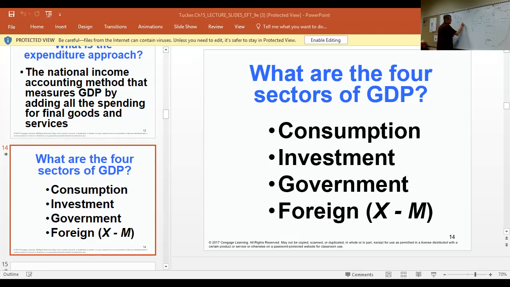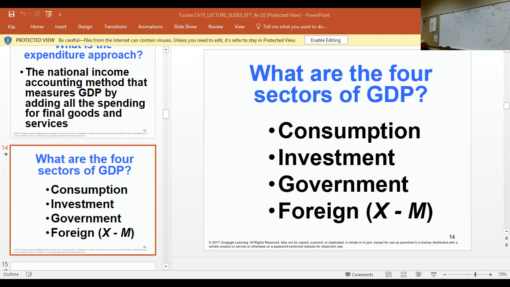In the US, do you think this figure is positive or negative? You take the money that foreigners spend buying final user goods and services from the US and subtract out the amount of money we send back to foreigners buying final user goods and services.